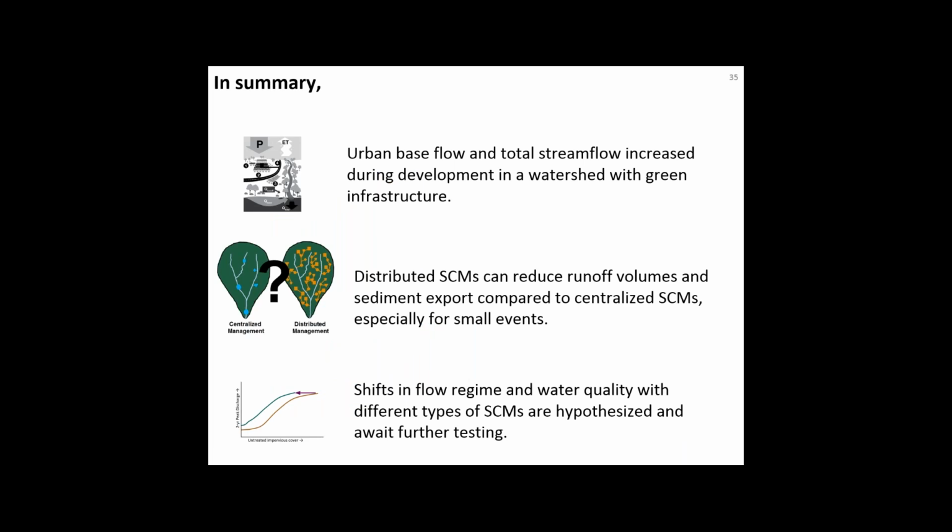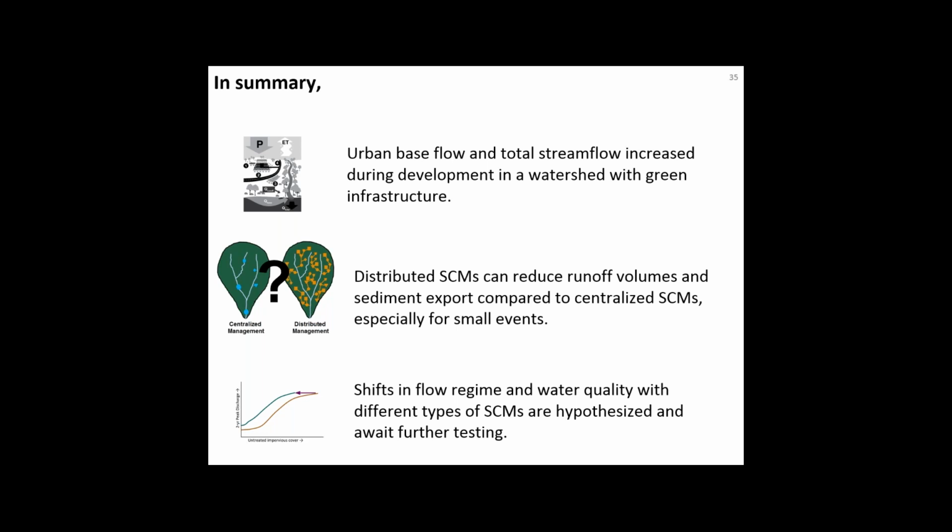And just to summarize and wrap up everything that we talked about, and I guess we'll have about 10 minutes for questions. From this study in Clarksburg, we see that urban base flow and total stream flow have increased during development in this watershed with green infrastructure, and that these stormwater control measures are able to reduce runoff volumes and sediment export compared to centralized management, especially for small storm events.